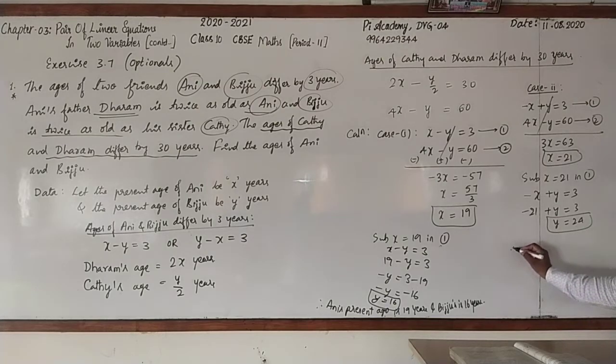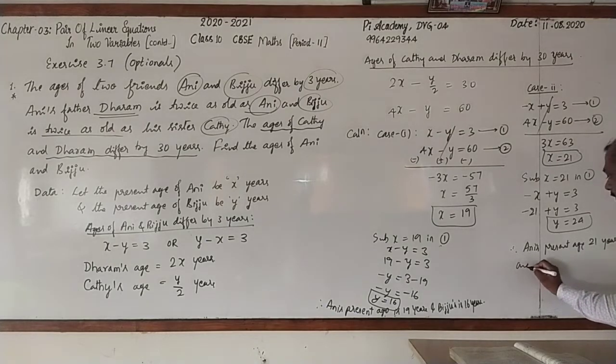Here I write, therefore, Ani's present age, when Ani's present age is how much? 21 years. Then Biju's age is 24 years.